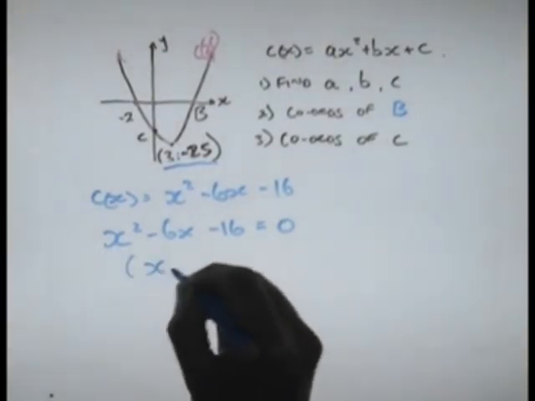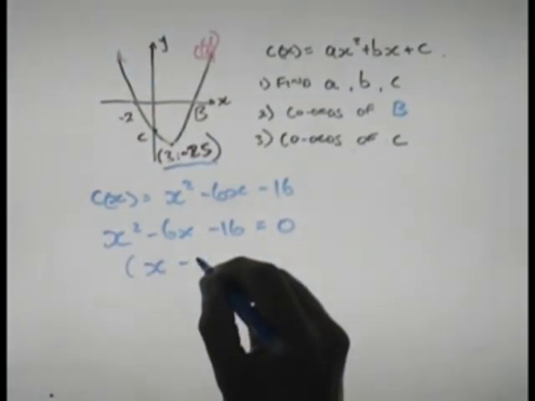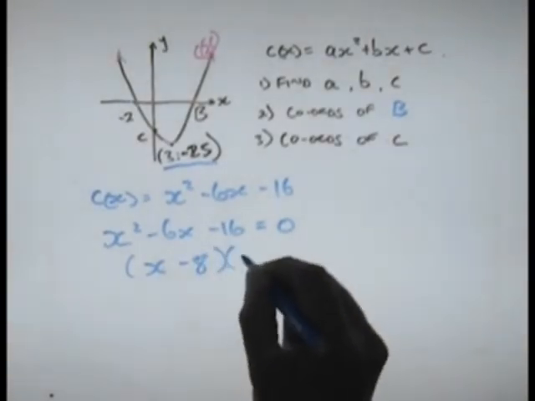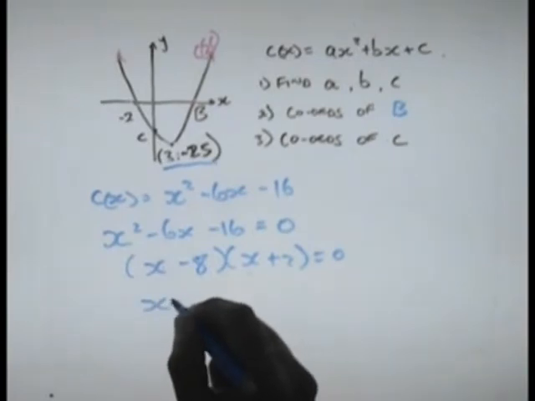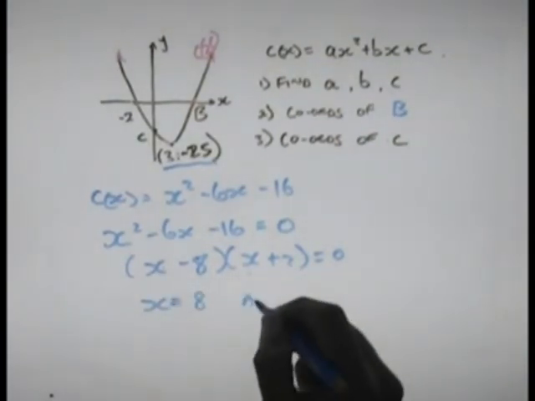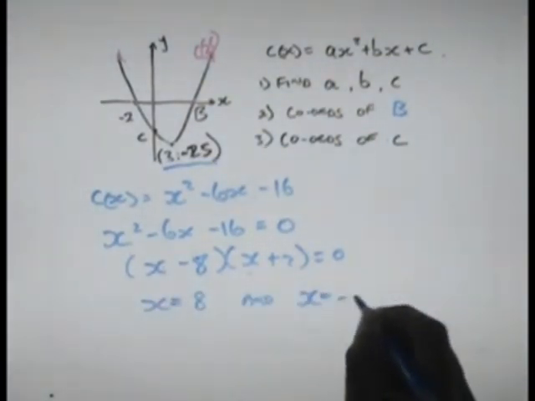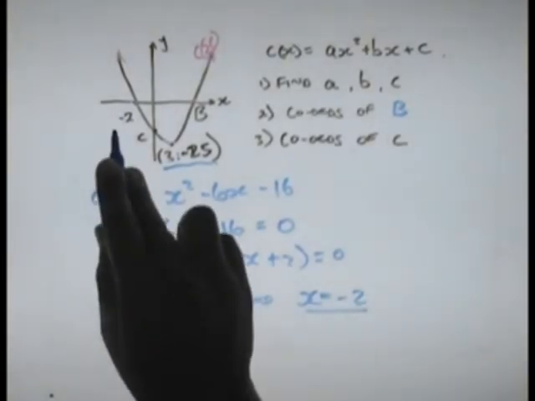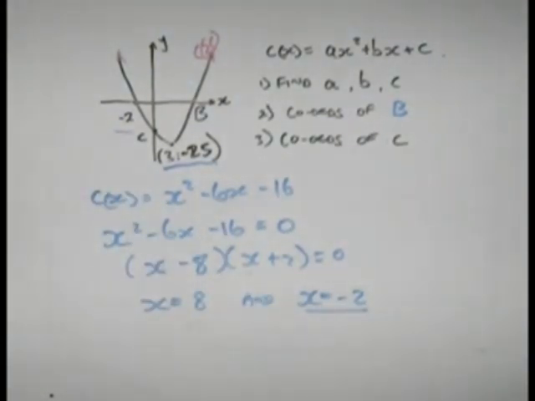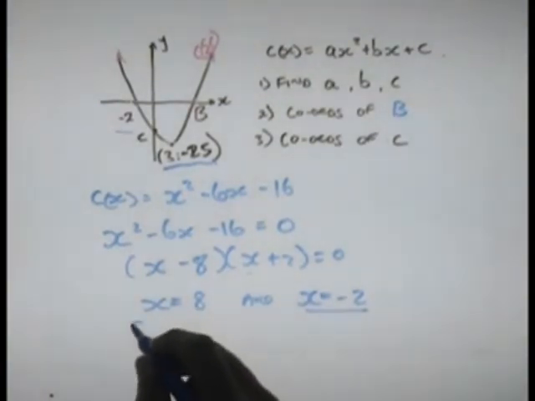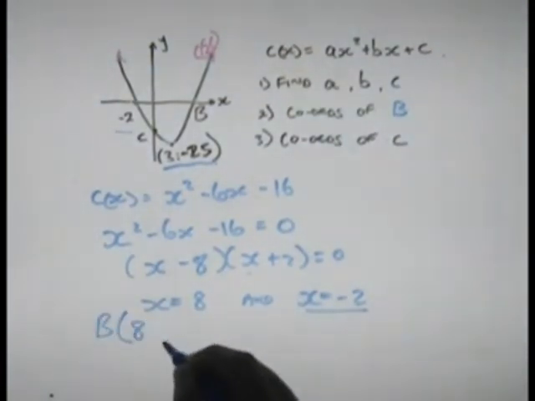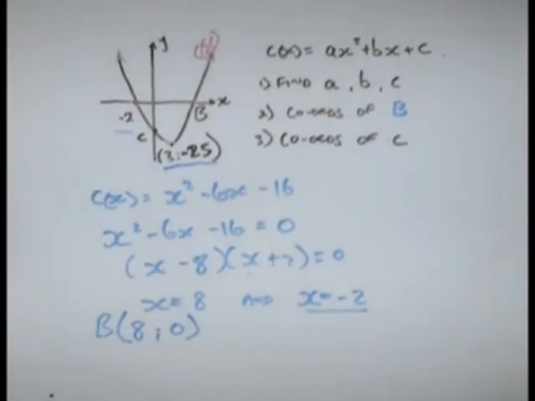This factorizes to form (x minus 8)(x plus 2) equal to 0, which means that x is equal to 8 and x is equal to negative 2. Negative 2, we've already got. That means that the coordinates of B are x is equal to 8, y is equal to 0.